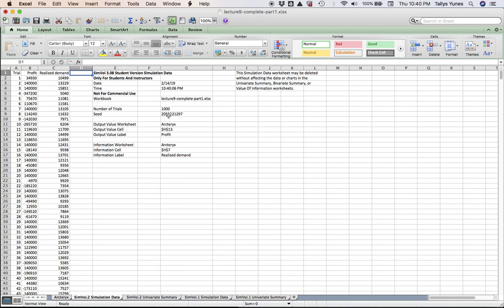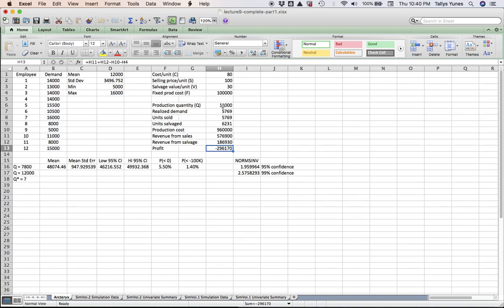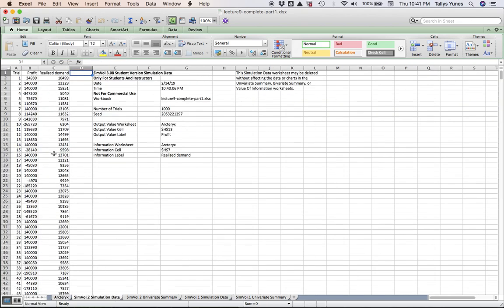Again, that's because I fed the simulator the same initial seed, so the random numbers will be the same. And why is this useful? Because I want to isolate the effect of the change that I made, from 7,800 to 12,000. I don't want different demand inputs to confound my results.